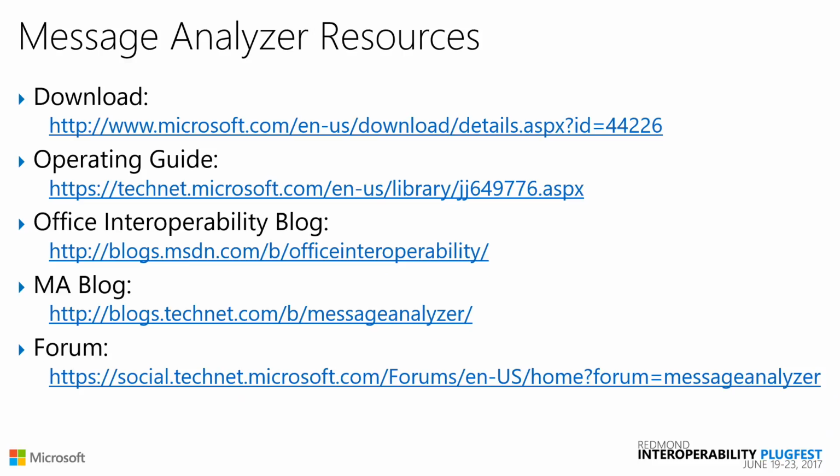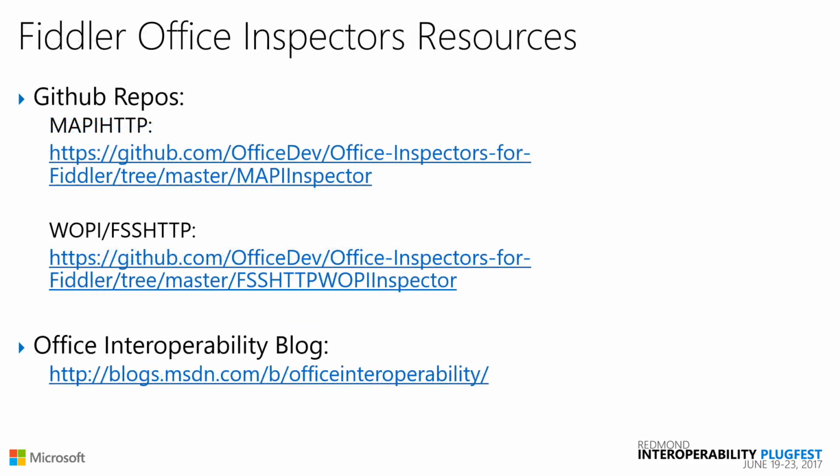You can get all these slides after this event, so you can download them. The operation guide blog is also a very good place to get familiar with or understand more about Message Analyzer. And for Fiddler, you can get them from GitHub, and the Interop blog also has information.